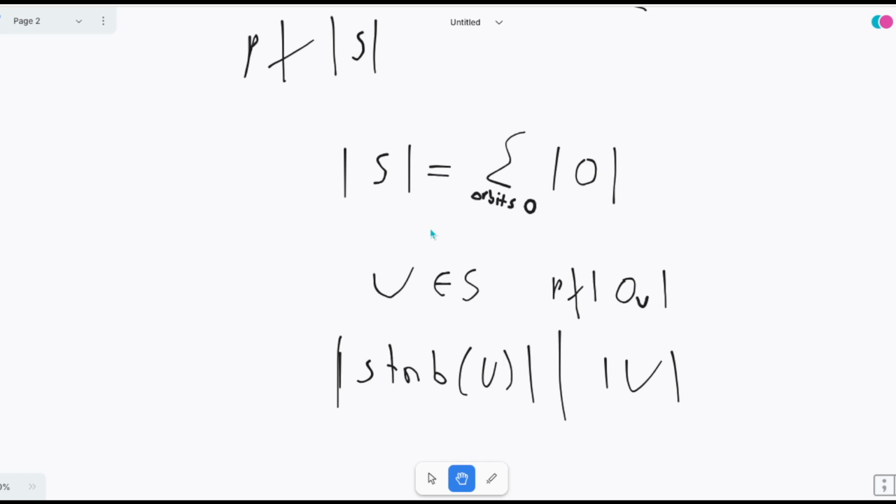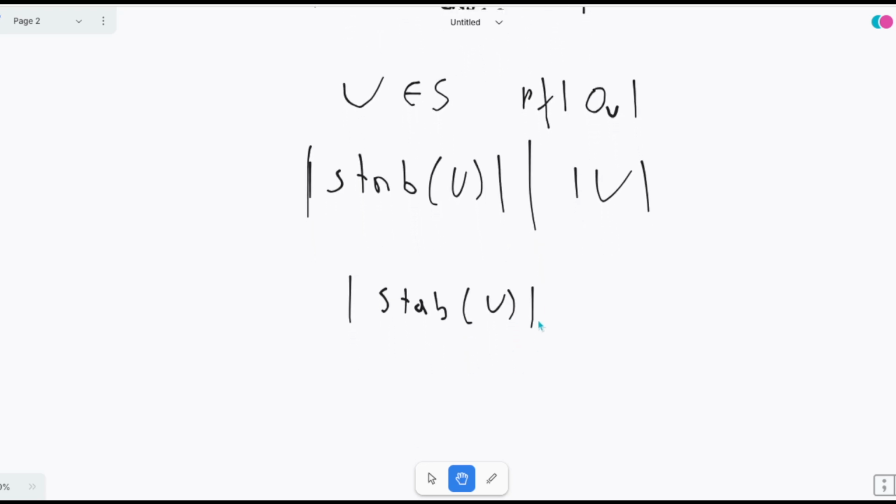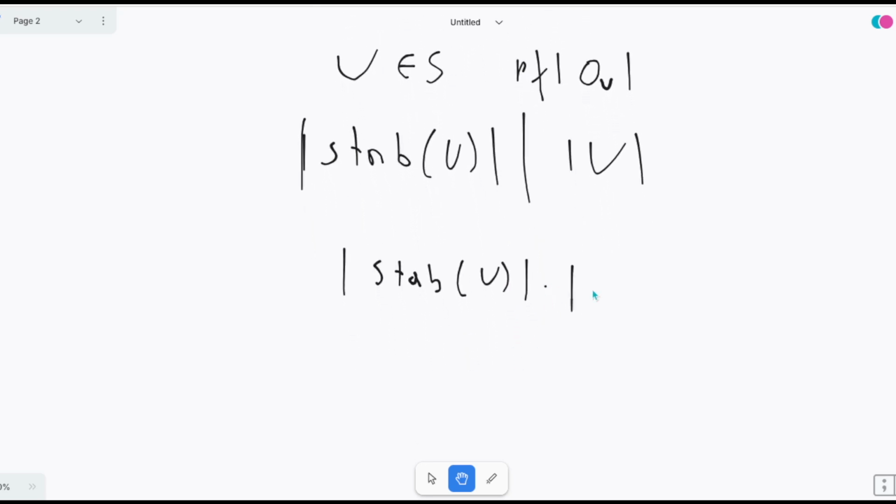This will be the P subgroup that we're looking for in the end. So we have the stabilizer of U times the orbit of U is G, by the counting formula.